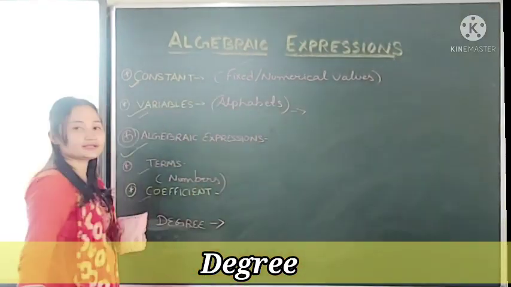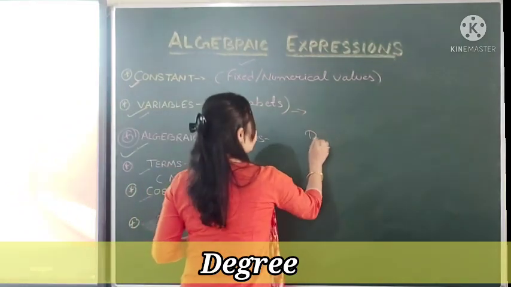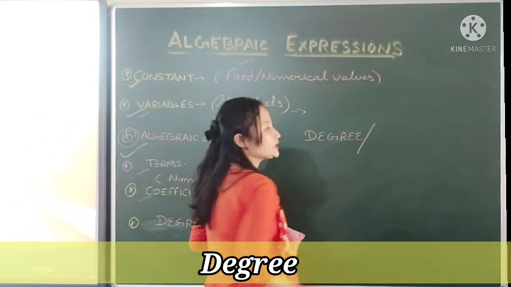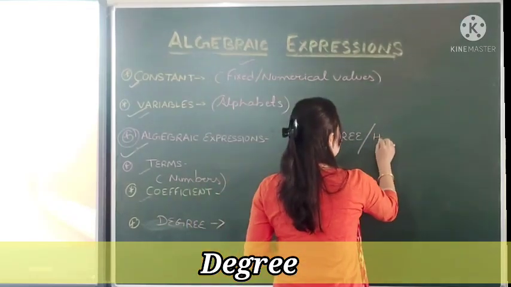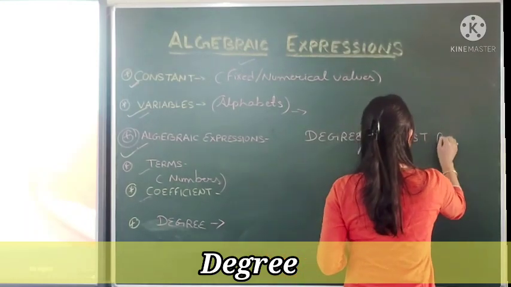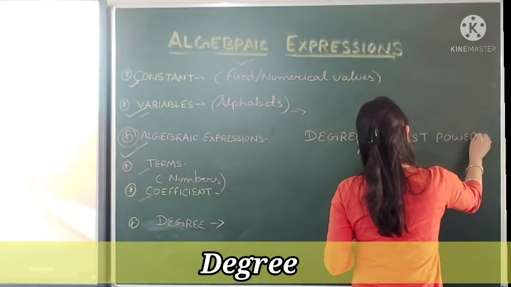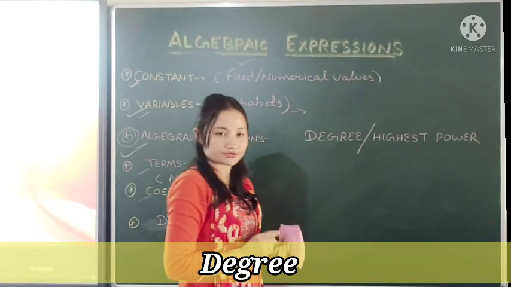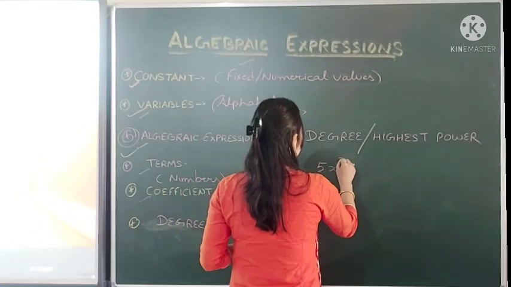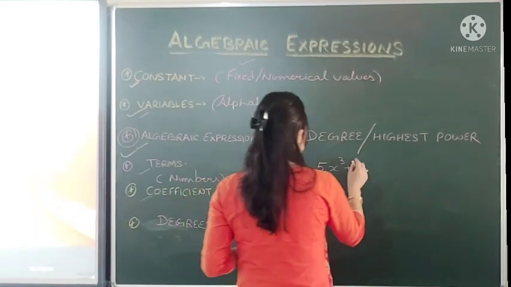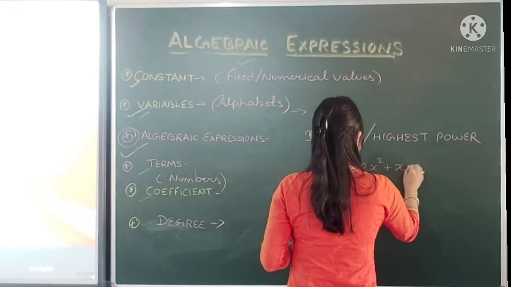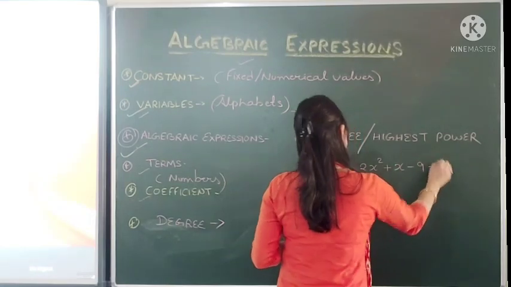Dear students, what does degree mean? Degree can also be said as the highest power of an algebraic expression. For example, 5x cube plus 2x square plus x minus 9 equal to 0.